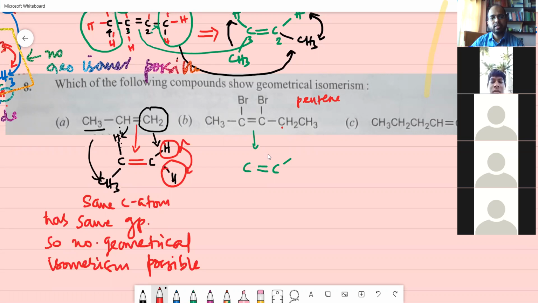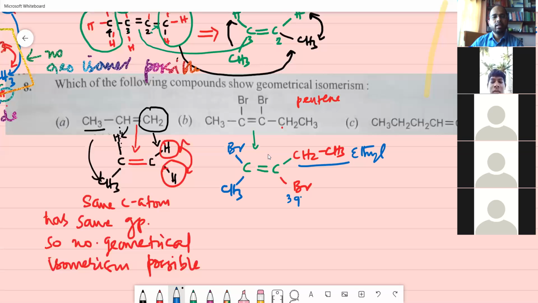So I have to write CH2, CH3. And this carbon atom is having another Br attached. So here you have another Br attached and then CH3 here. So you can see that this is an ethyl group, and this is bromine, and you can get the same groups in the opposite directions.